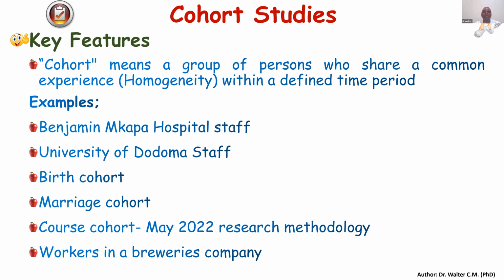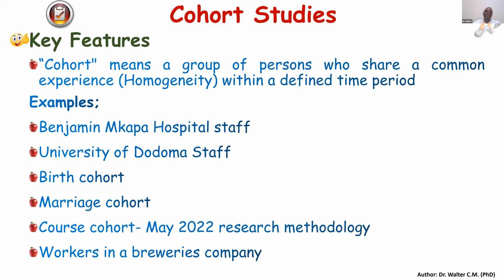See, cohort by itself is a group of people, but this group of people must demonstrate homogeneous characteristics. They must have the same characteristics. They share common understanding, common behavior, similar characteristics. That you can call a cohort group.